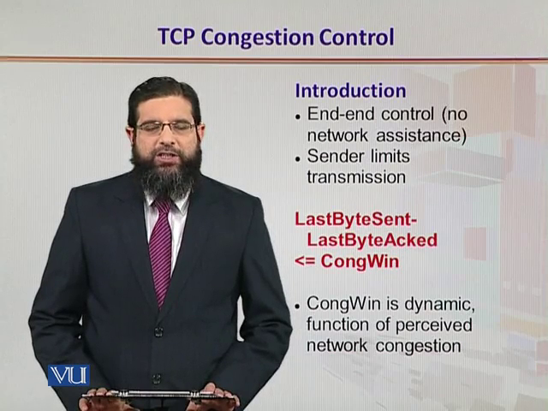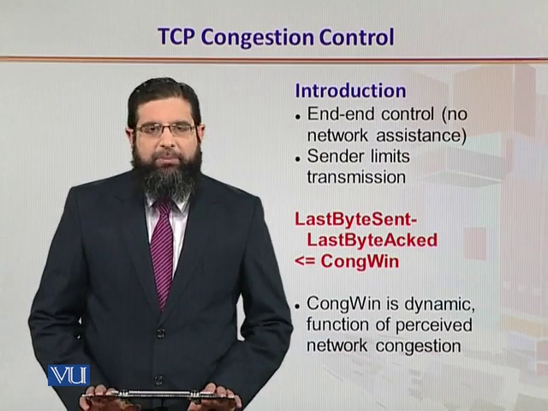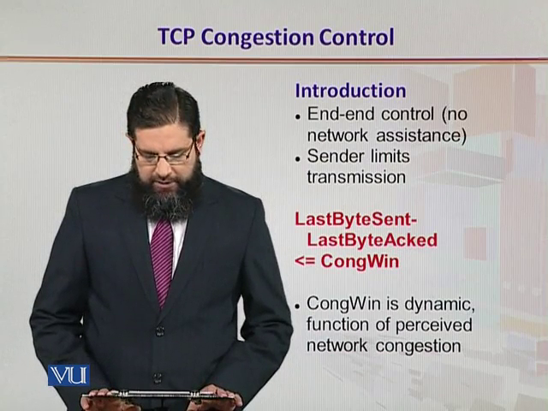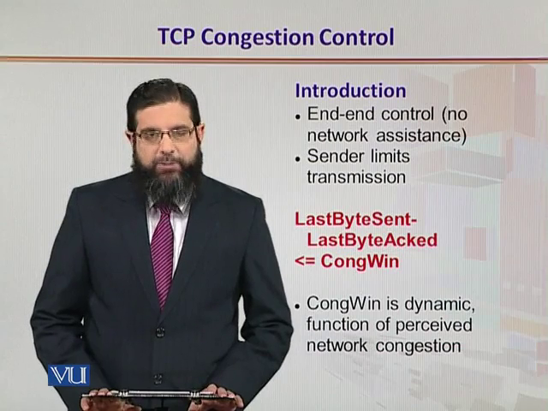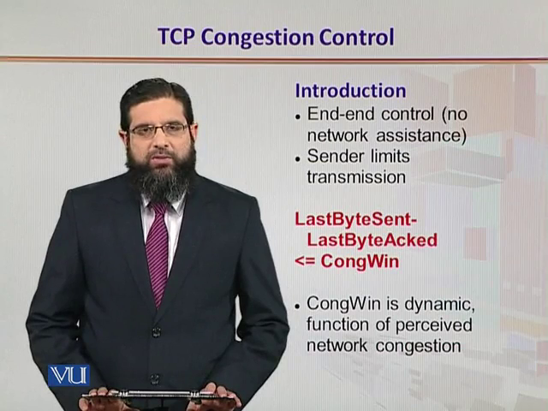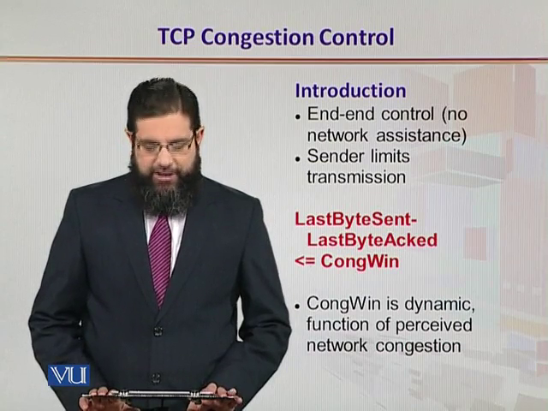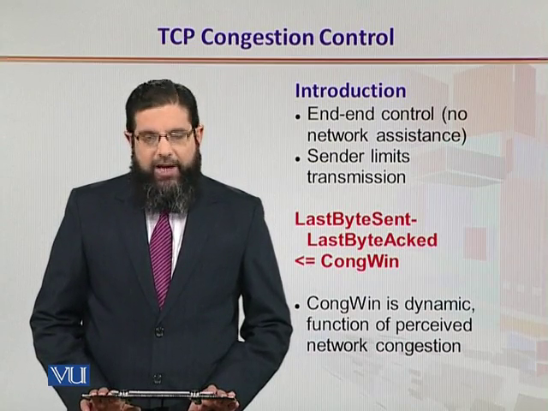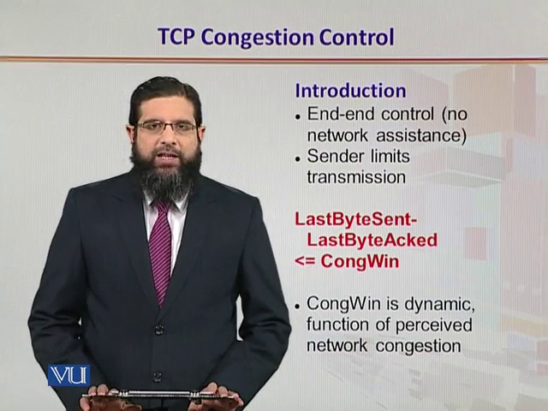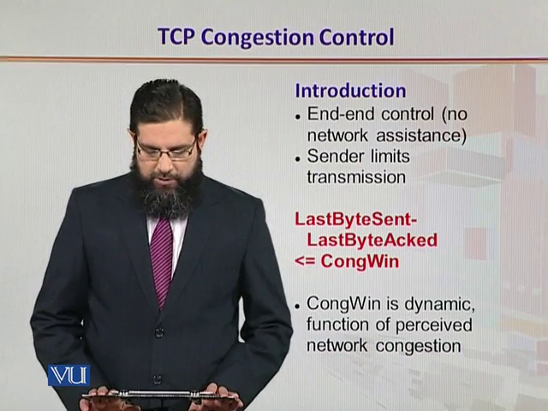When TCP implements congestion control, the sender maintains a congestion window, that is, the last byte that has been sent and the last byte that has been acknowledged. Both of these are going to determine the congestion window. If what has been sent has been acknowledged, the congestion window can be as large as possible.